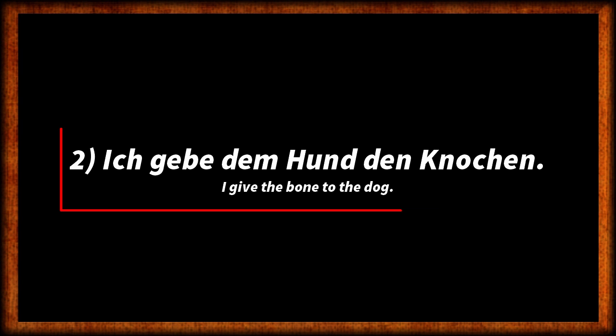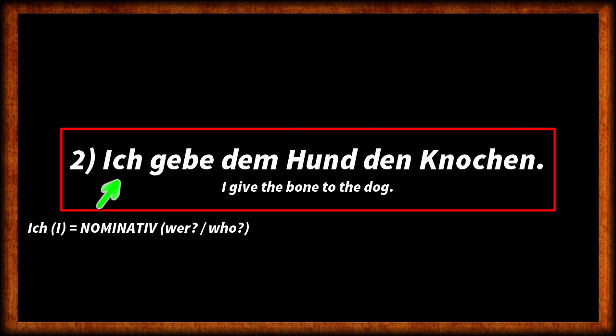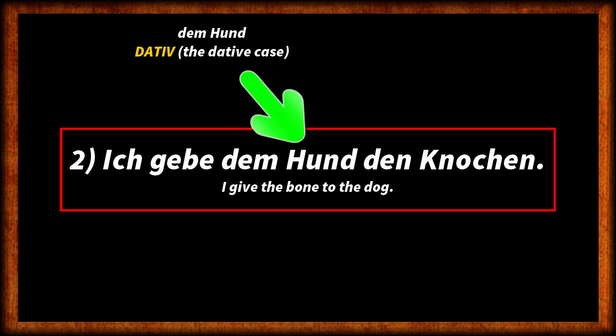The second exemplary sentence would be Ich gebe dem Hund den Knochen. I give the bone to the dog. Dem Hund refers to the Dativ, the dative case, the third case basically, because this object expresses to whom the subject is giving the bone.